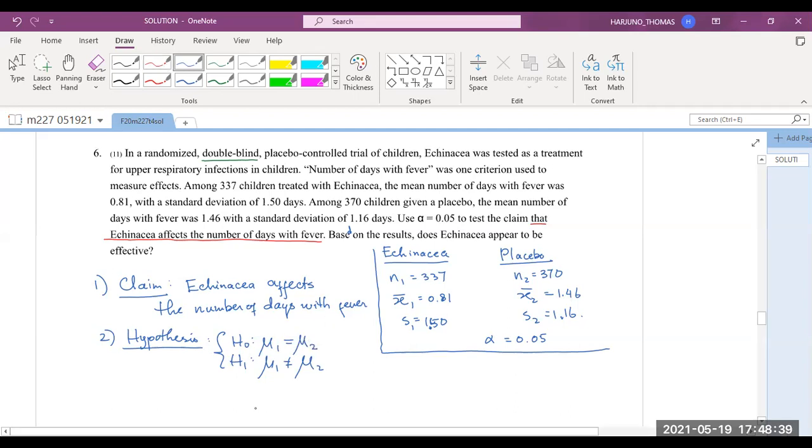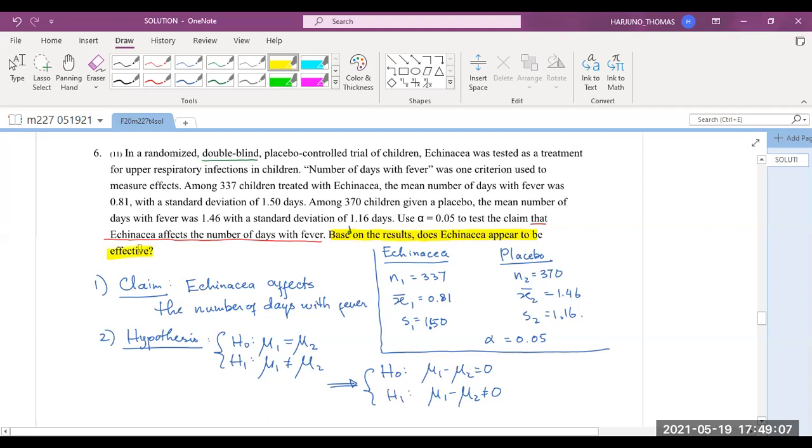Okay, now we need to modify the hypothesis. Let me continue here. H0 is mu1 minus mu2 equals 0. H1 is mu1 minus mu2 not equal to 0. Now, what I need you to be aware of is the last sentence: based on the result, does echinacea appear to be effective?